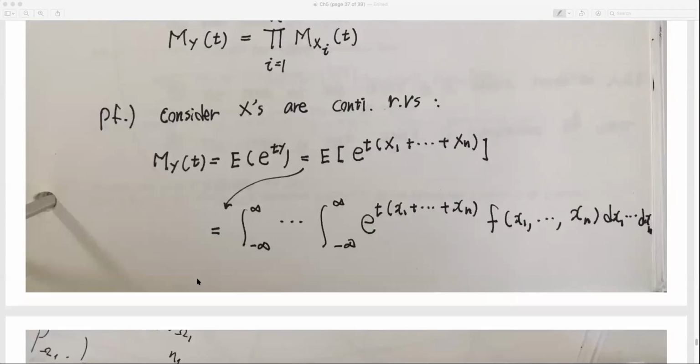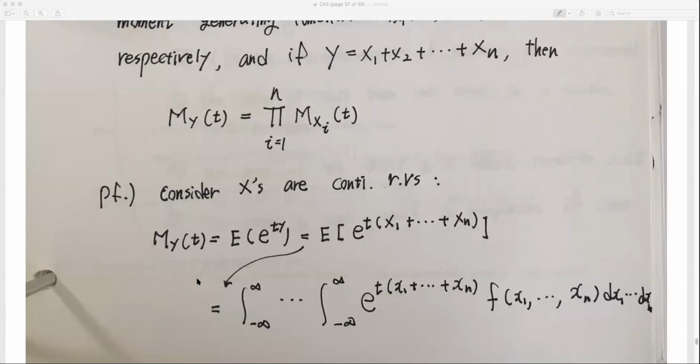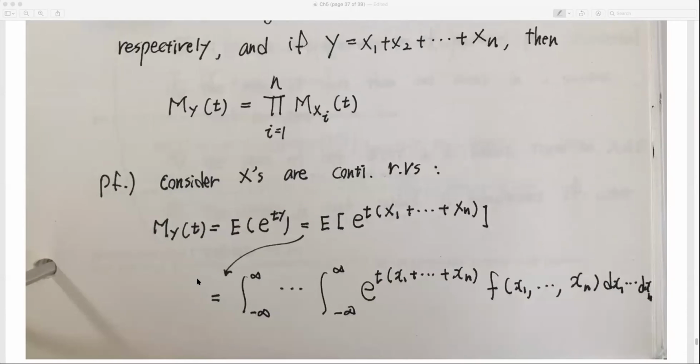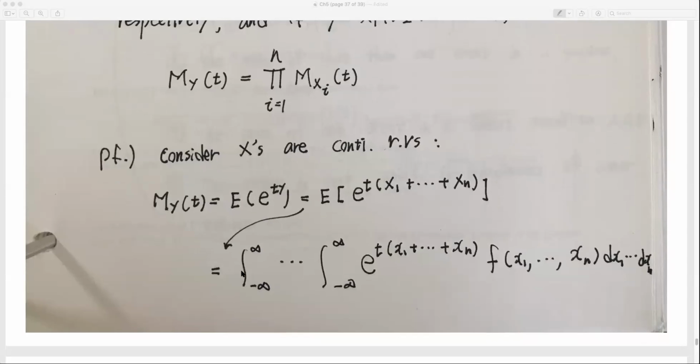And then we prove it, because it's not a big deal, right? The definition of the moment generated function is the expected value of e to the tX. The expected value is defined as an integral, and the integral satisfies the linear property, right?